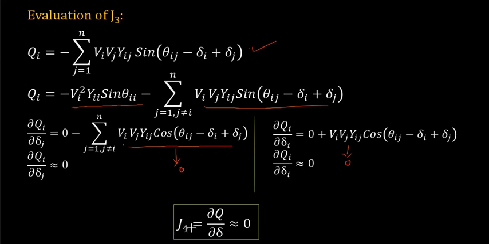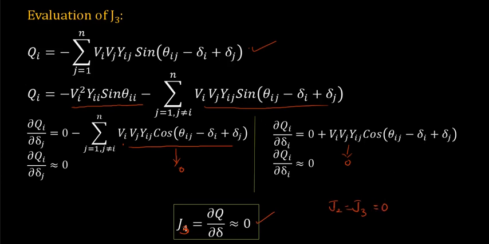So in general, we can say that J3, this is not J4, this is J3, will be equal to dou Q by dou delta, which will be equal to 0. So we have J2 equal to J3 equal to 0.